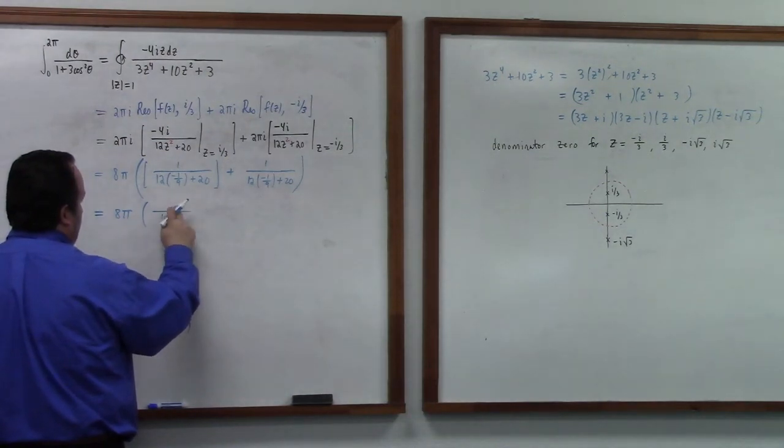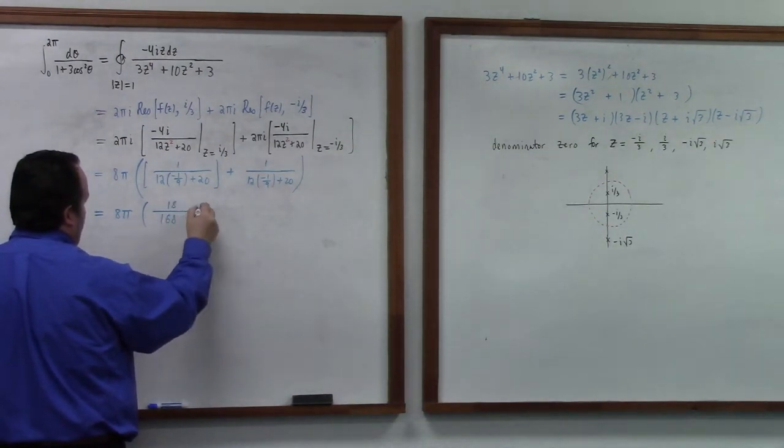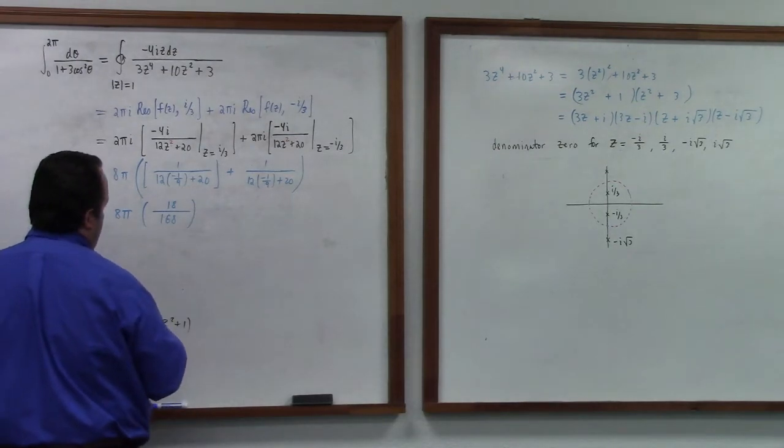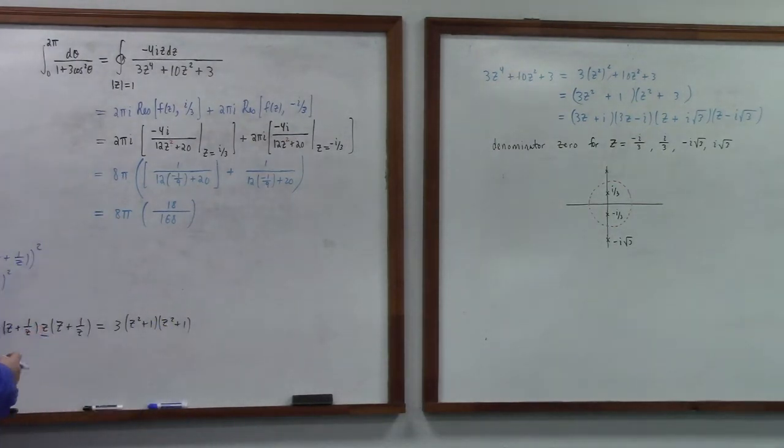So I multiplied by 9 over 9 to clear out the ninth. And the 9 times 20 gives me 180. 180 minus 12 is 168. And so I get 9 168ths.